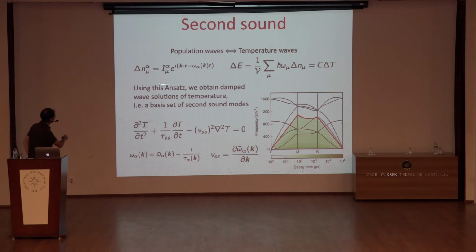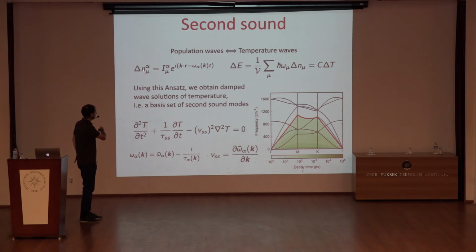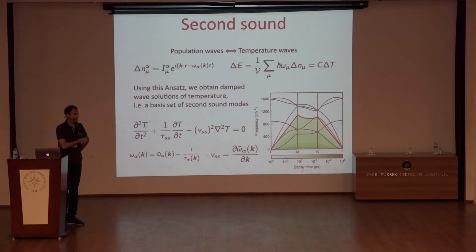And actually, since we are looking at basically some damped wave solutions of the phonon population number, this can correspond directly. Basically, this delta n will induce variations in the form of a damped wave to the total energy, which will in turn induce oscillations in the temperature.